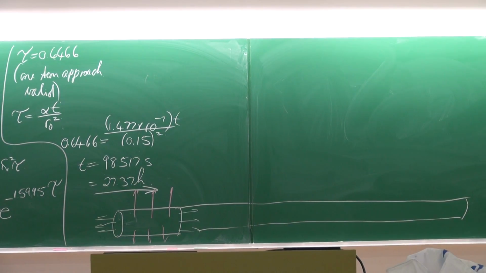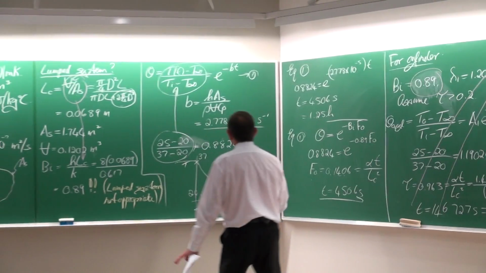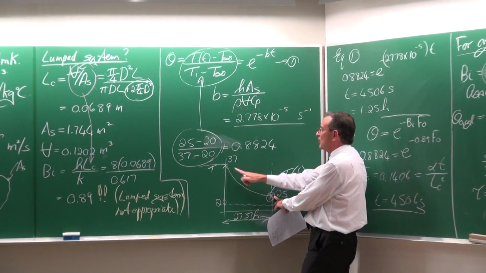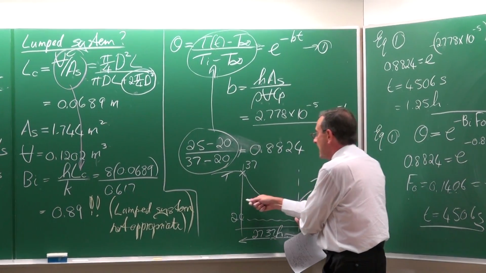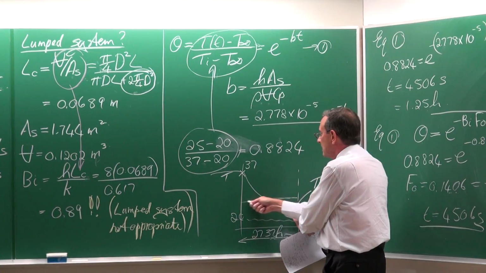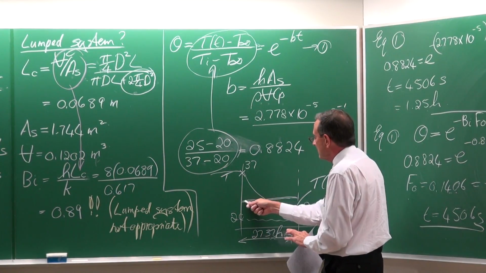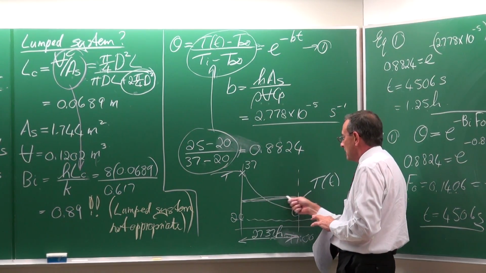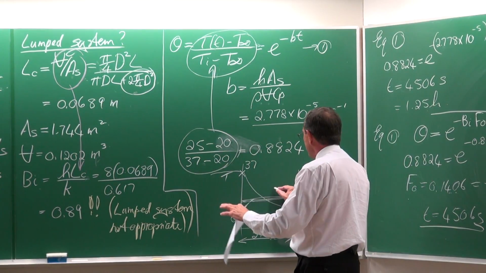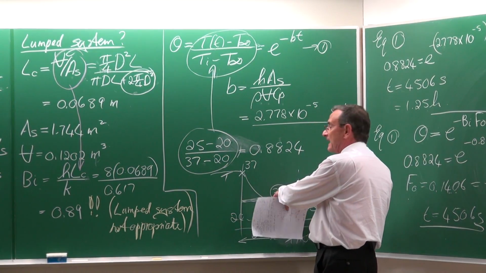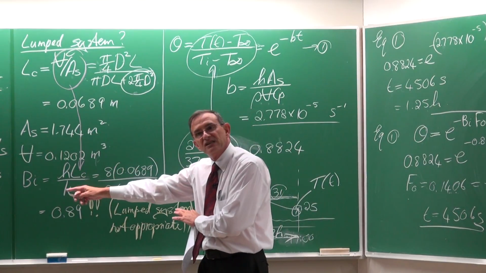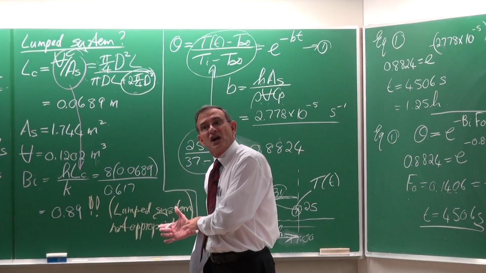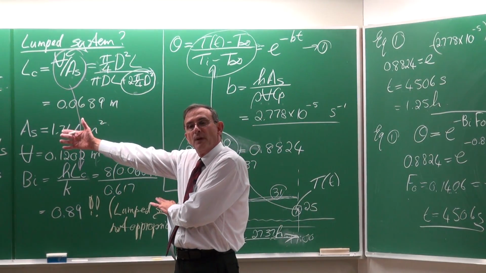So the question was, why did we take the average of 25 and 37 in getting the properties? What we did is we said that the temperature is approximately 31, the average temperature, and at that temperature we went and got the properties. Correct, that's an assumption that was made.